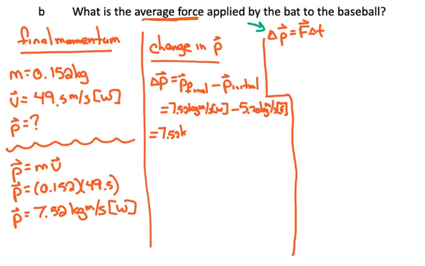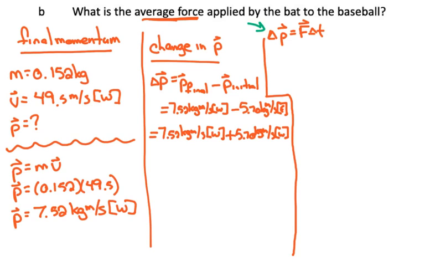So we won't need to change the final momentum, but we will need to change the initial. It would be negative 5.70 kilogram meters per second west. But we subtract negative 5.70, so it would end up changing to plus 5.70.